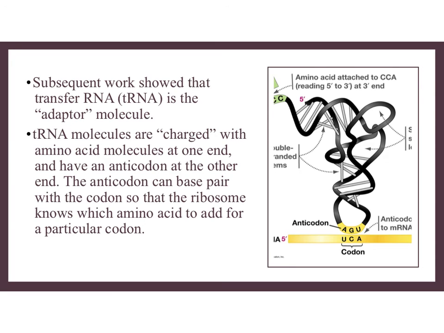It turns out subsequent work showed that there is indeed an adapter molecule, and that adapter molecule is called transfer RNA, or tRNA. tRNA molecules are charged with an amino acid on one end. Think of it as carrying an amino acid towards the top.